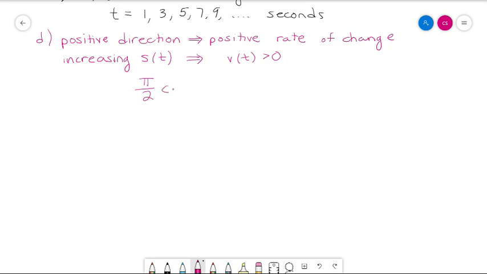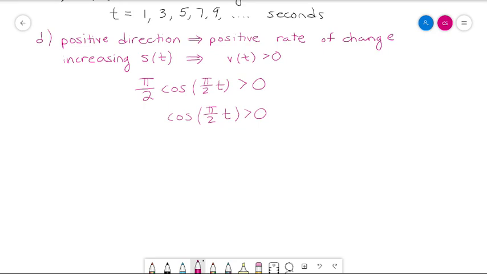It's pi over 2 cosine pi over 2t. And we want to know when that's greater than 0. All right, well, kind of the same process as last time. Let's divide both sides by pi over 2, which is a positive number, so our inequality sign won't change. So we want to know when the cosine of pi over 2t is greater than 0.